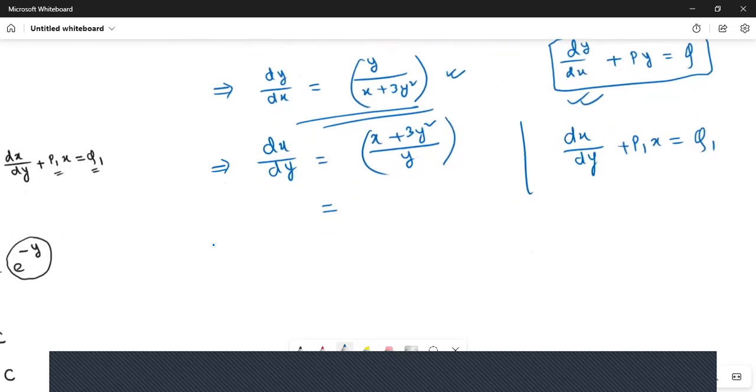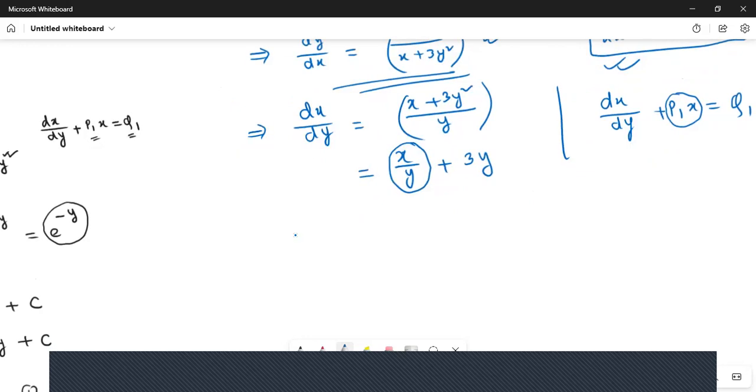So let's see how we can find it. x by y, this is x by y, plus this will become 3y only, correct? If I'm not wrong, x by y. So that is 3y. Now you need actually on the left side an x. So definitely this particular thing you can shift towards the left side.